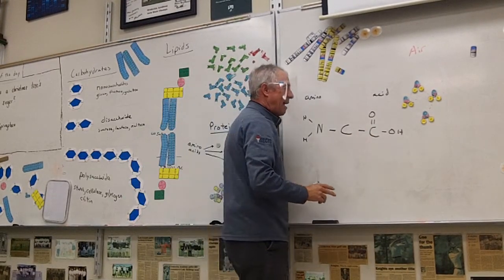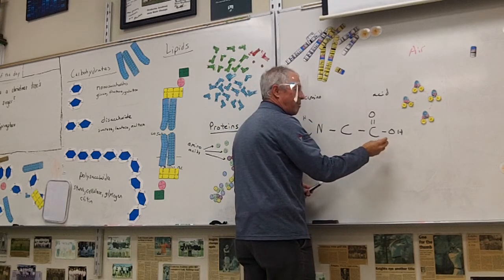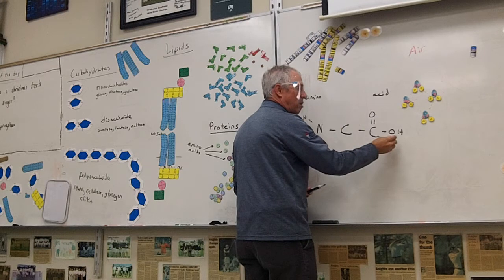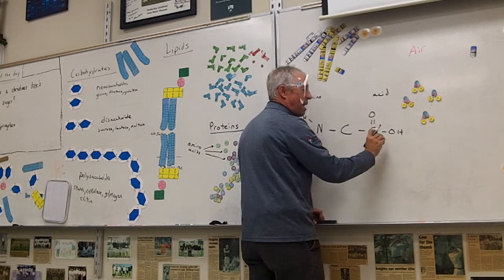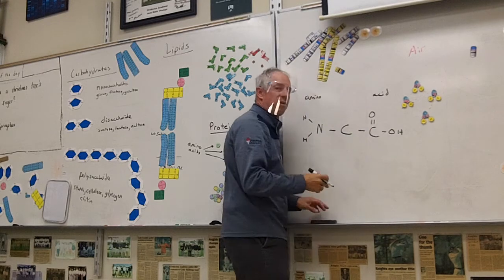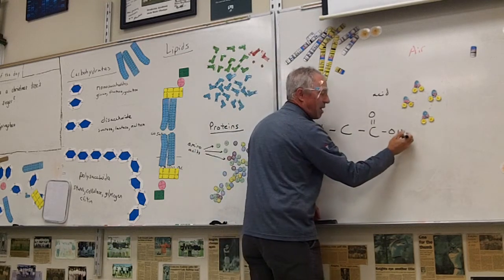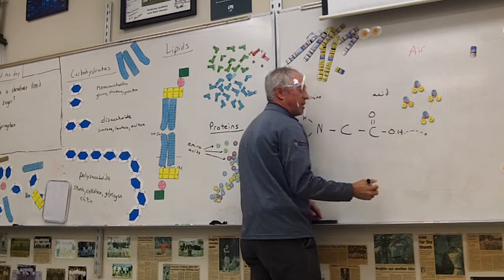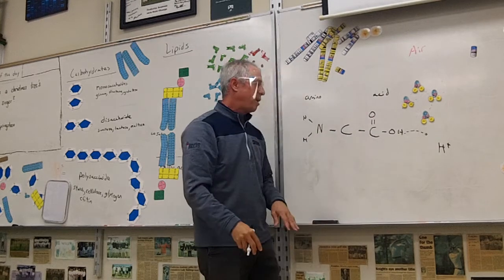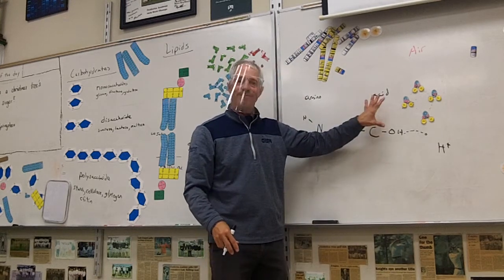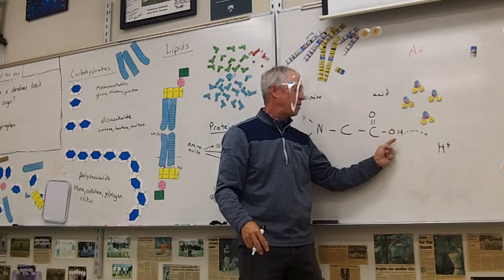Because acids are molecules that can donate hydrogen ions in solution. So this hydrogen ion can come off here and fill the water with H pluses. That's why it's an acid group. The H is not bonded too strongly, and it can come off.